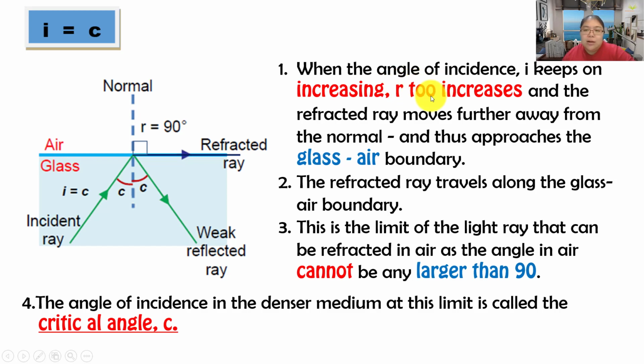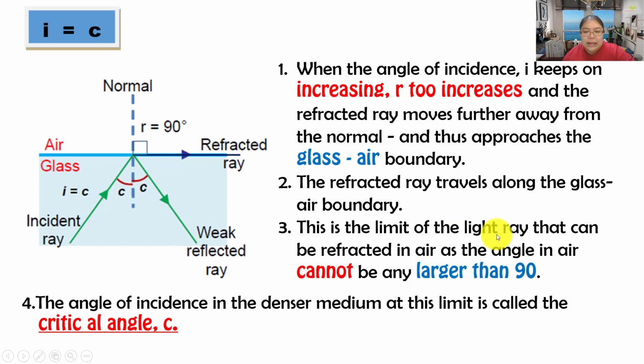When the angle of incidence I keeps on increasing, the R also keeps increasing, and the refracted ray will move further away from the normal. Thus it approaches the glass-air boundary. So this is the maximum when it reaches the boundary. The refracted ray will travel along the glass-air boundary.